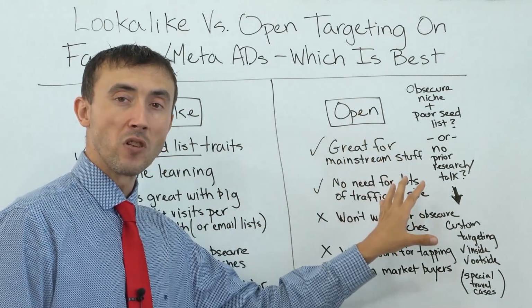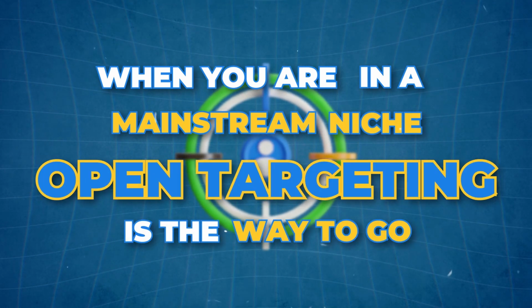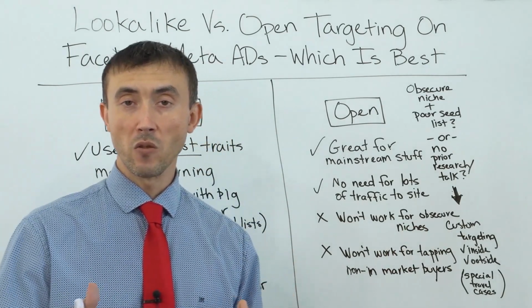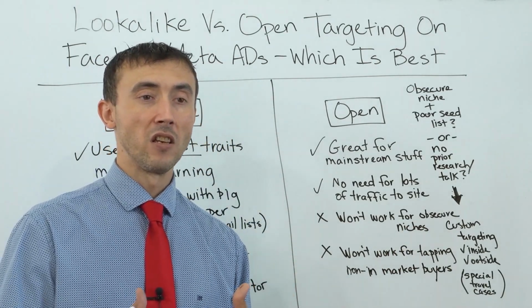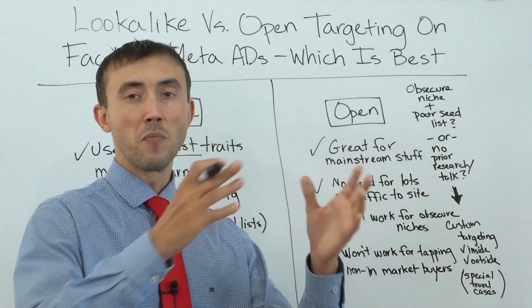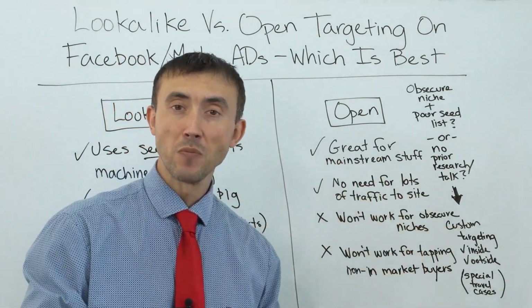So getting into open targeting: when you are in a mainstream niche, open targeting is the way to go. Like I mentioned before, essentially you put an ad there that says, this is the best baseball bat for sale. Would you like to buy it? Facebook's going to be like, oh, this is a baseball bat company.